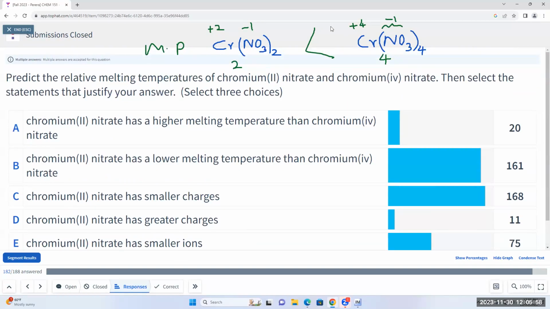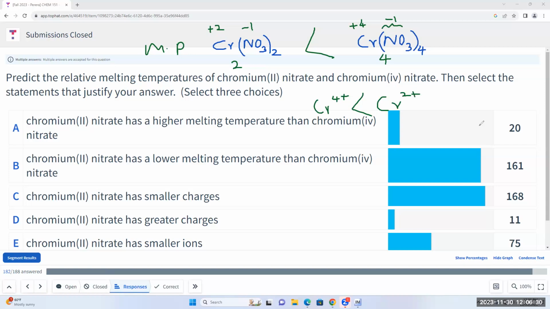Now, anyway, so here's how we do it. Chromium 4 plus and chromium 2 plus have the same number of protons. Okay, but chromium 4 plus has less electrons. Because chromium 4 plus has a greater positive charge, those electrons of chromium 4 plus will be more strongly attracted to its nucleus, making it a smaller electron cloud. Therefore, chromium 4 plus is a smaller ion compared to chromium 2 plus.